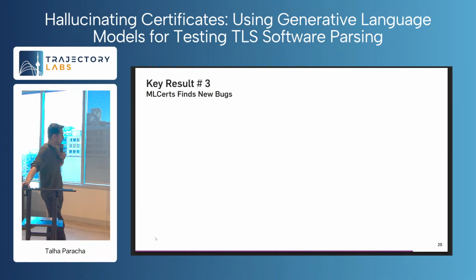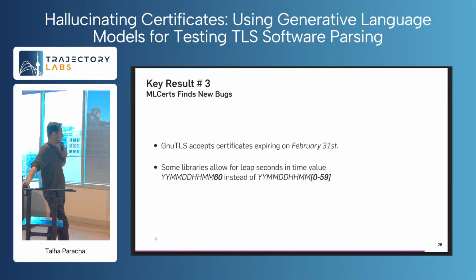And finally, our approach finds some new bugs. I will just highlight one case of interesting bugs where we find that this library GNU-TLS accepts TLS certificates which expire on February 31st, a date that does not exist, but the language models outputted that. And then some libraries allow for leap seconds in time value, which is when the value 60 is added in the seconds field instead of something between 0 and 59.